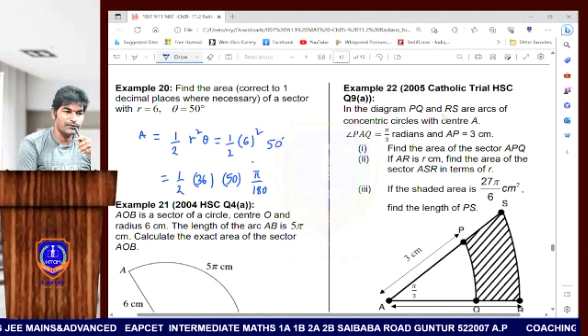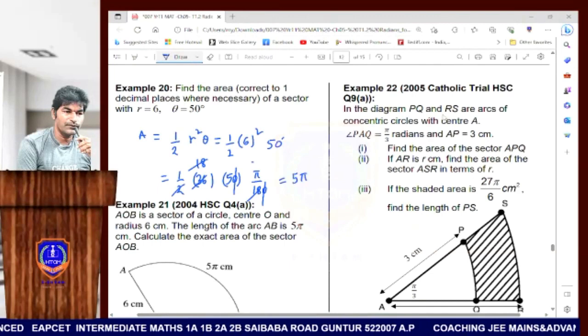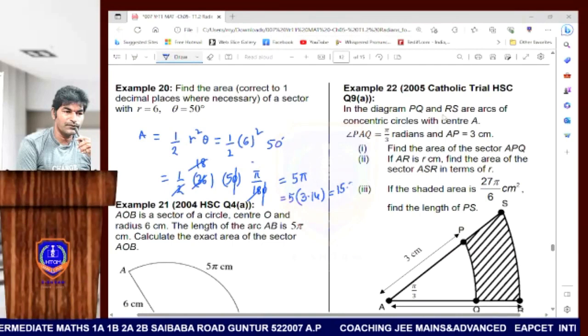First of all, the zeros get cancelled, and 2 goes into 36, 18 times. 18 and 18 cancel, so I just get 5 pi. 5 into 3.14 is 15.7. Look, the radius was given without any measurement, just as 6, so you have to write square units.